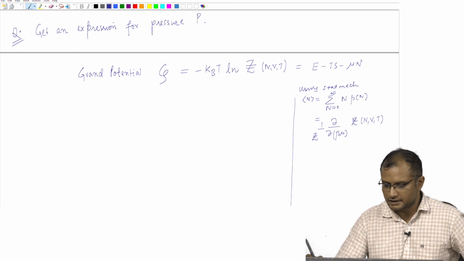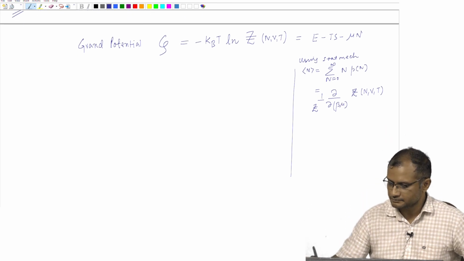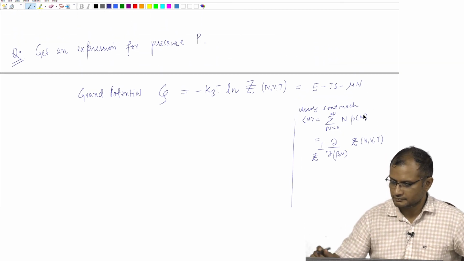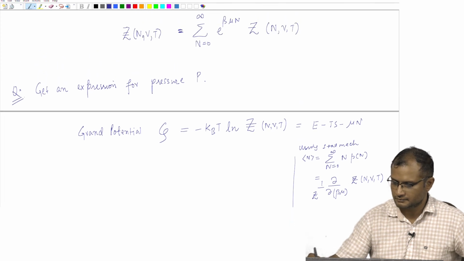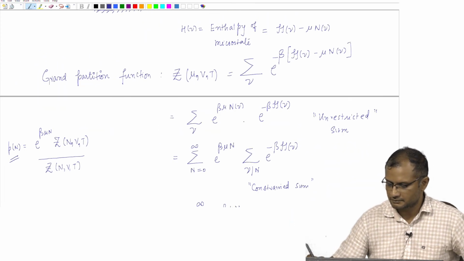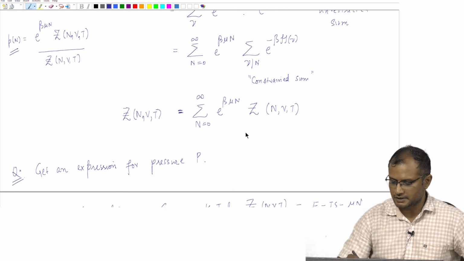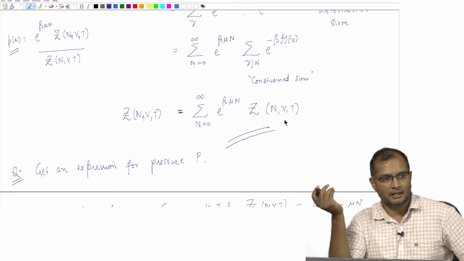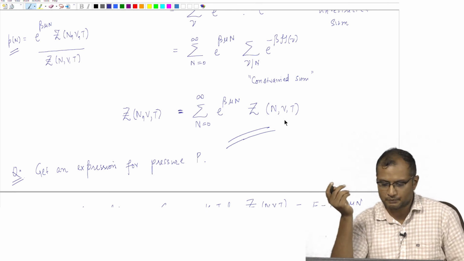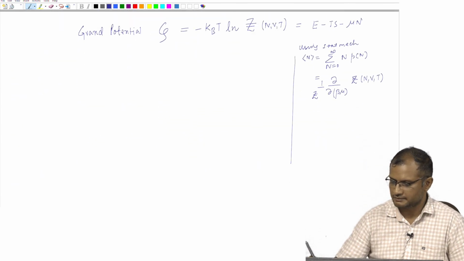Okay. So, if you look at this expression, to bring out n, you have to take a derivative with respect to beta mu. That is what I have done here.